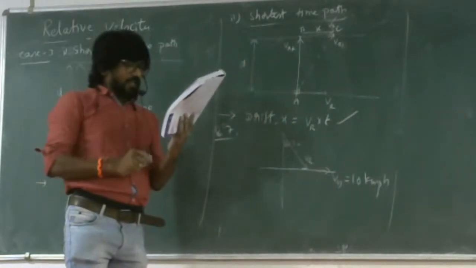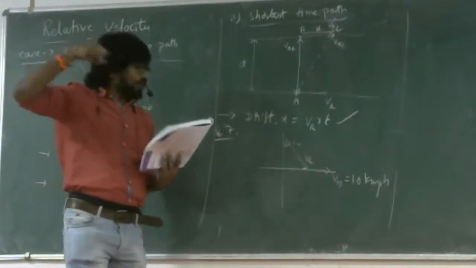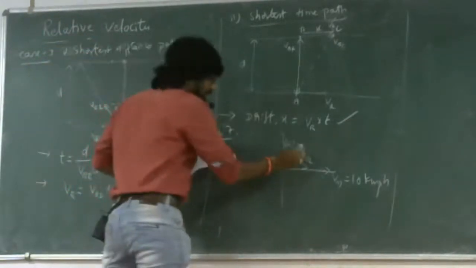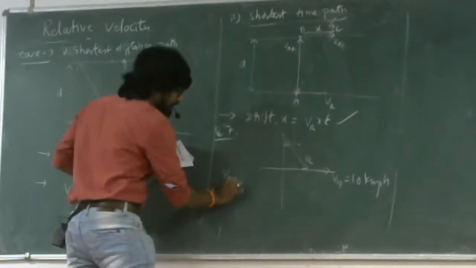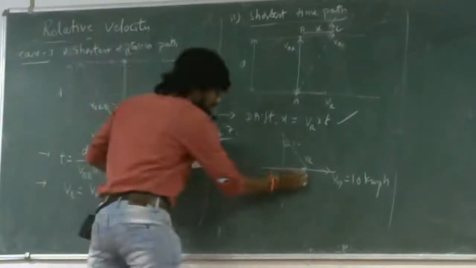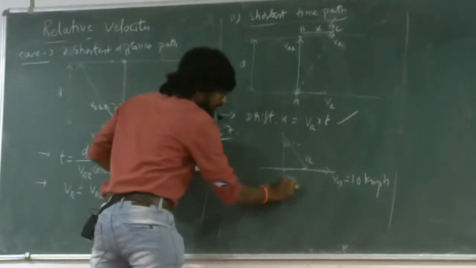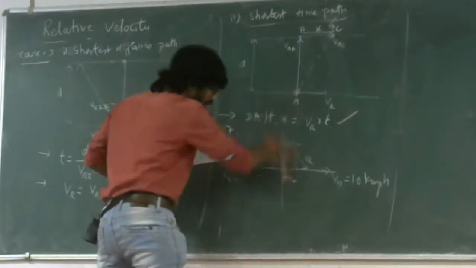He finds that raindrops are hitting his head vertically. So for this speed, the raindrops hitting vertically means the velocity of rain with respect to the moving man is vertically down. That means this is minus Vm. So velocity of rain with respect to man is vertically down.